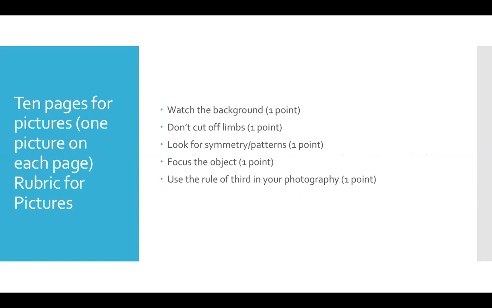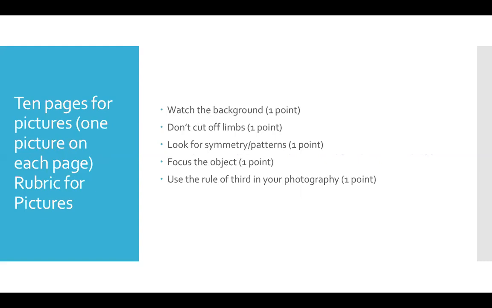Now, in the beginning, I told you that you will take 10 pictures in total. The rest of the 10 pages will have one picture on each page with a caption. What is a caption? A caption is a small description that comes with a picture.